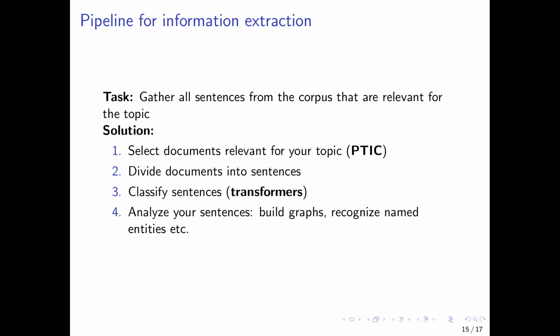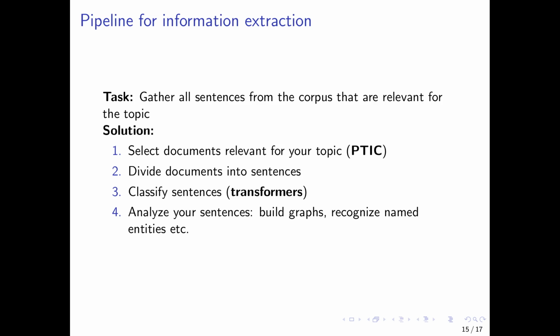If the task is to gather all sentences that are relevant for the topic from the corpus of documents, then we propose to use two methods in a pipeline. First, one should apply PTIC on the corpus of documents in order to select documents related to the topic.